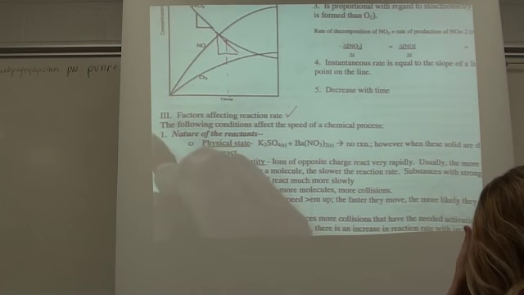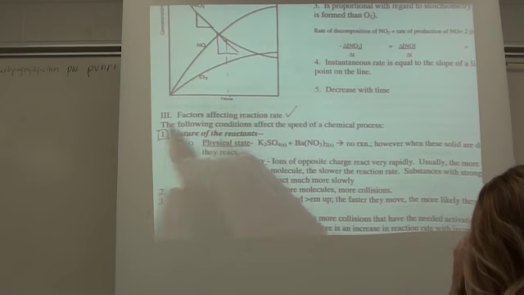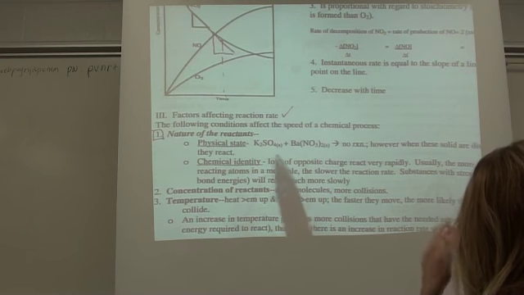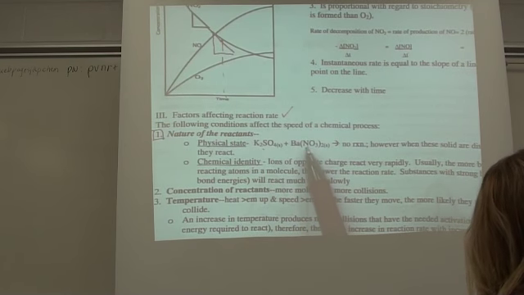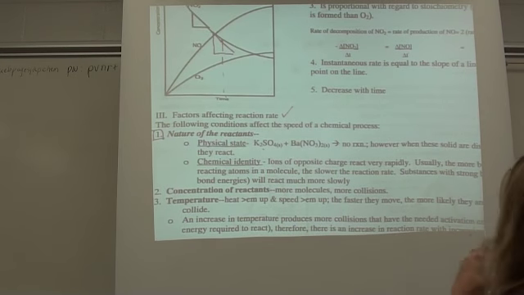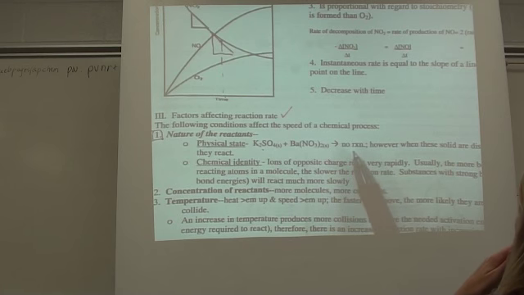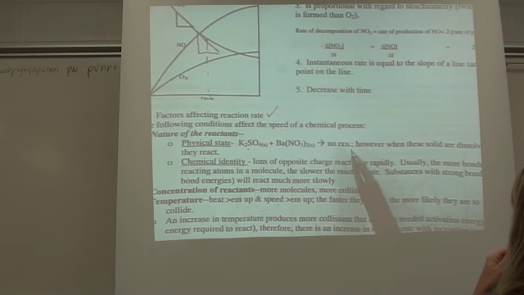Number 1, the nature of the reactants. If you took solid potassium sulfate and solid barium nitrate and forced them together, you would get no reaction. However, if you took some time to put them into an aqueous solution, then they would react.